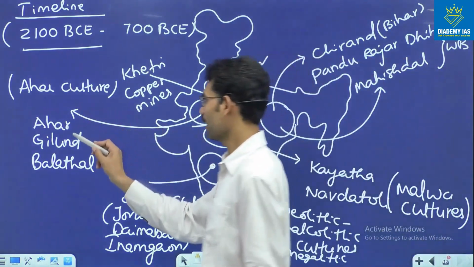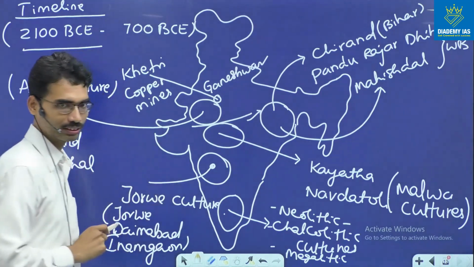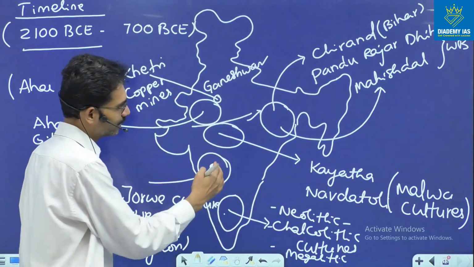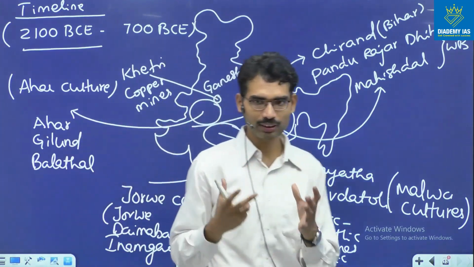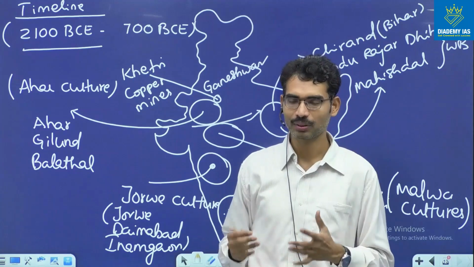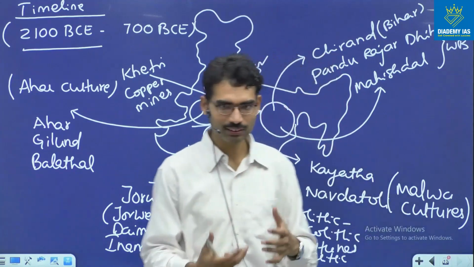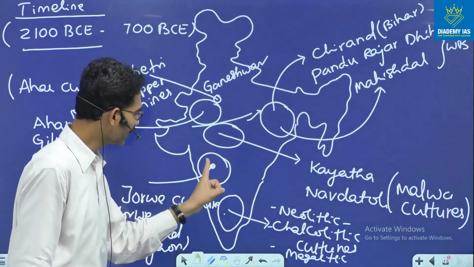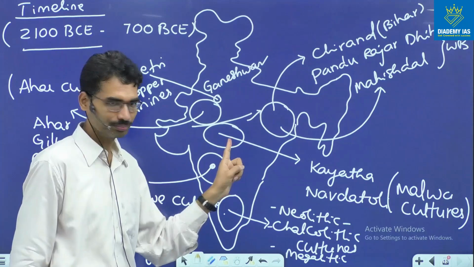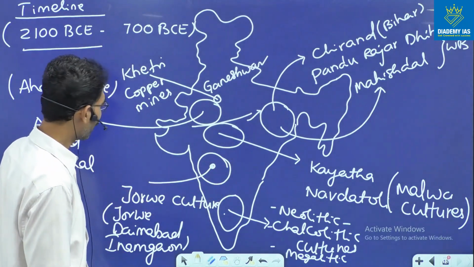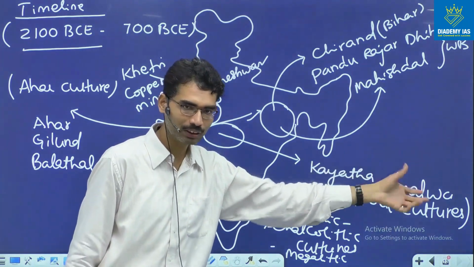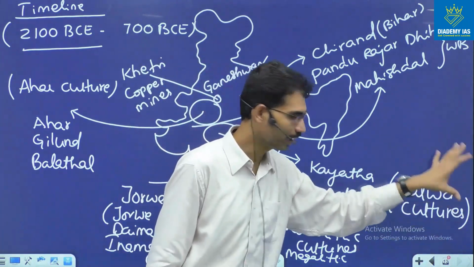Ahar culture, Ahar is type site in this location. Likewise, different regions, whenever you identify one particular site as the beginning site, if you consider that as the reference to compare with other archaeological sites, we give that entire region that particular name. Jorvi culture, Ahar culture, then here Malwa culture. If there is no particular site, then we give the region name, Malwa culture.